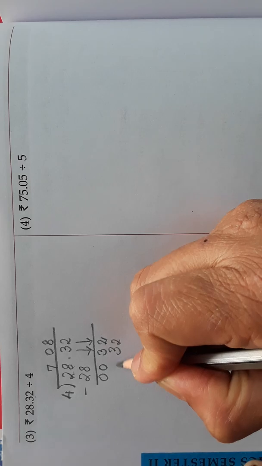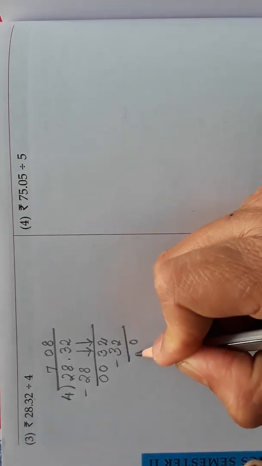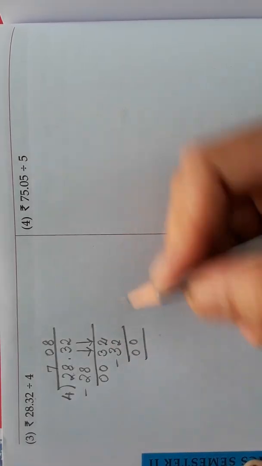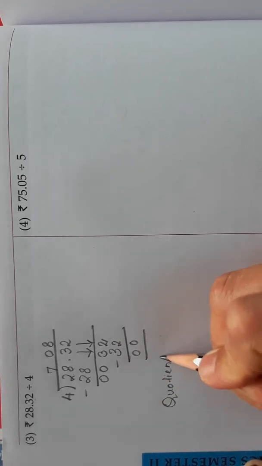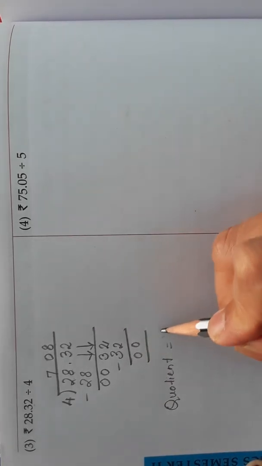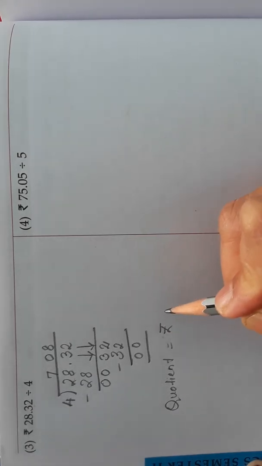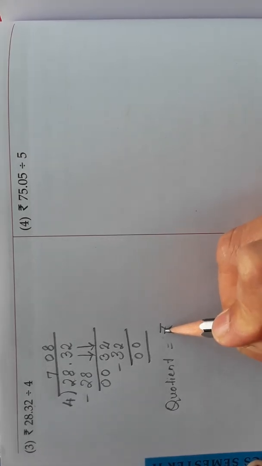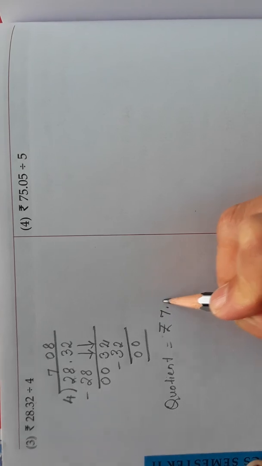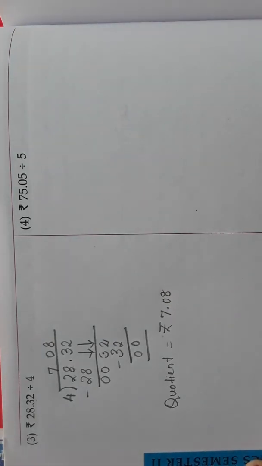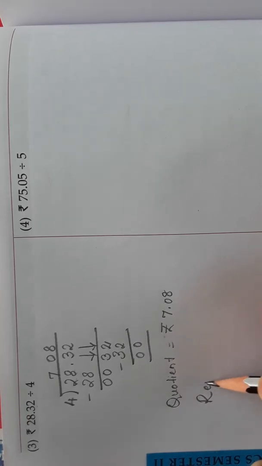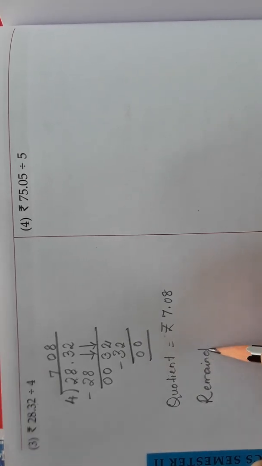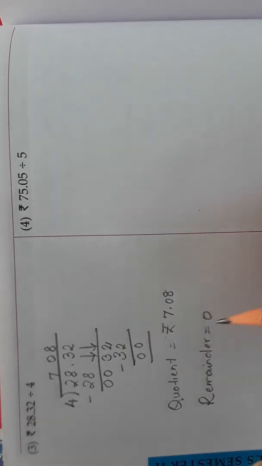Okay, and 2 minus 2, 0. 3 minus 3, 0. Okay, so what is the quotient? How to write the quotient? Whatever answer you are getting, for that you put the rupees symbol, and 7 rupees 8 paise, and what is the remainder here? Remainder is equal to 0.